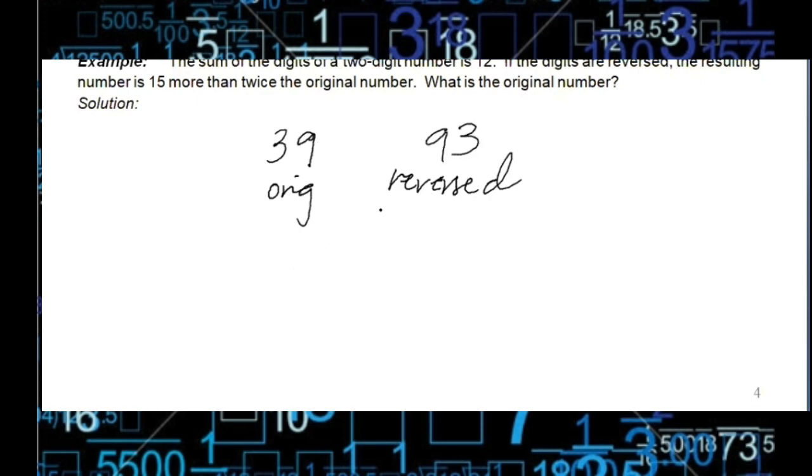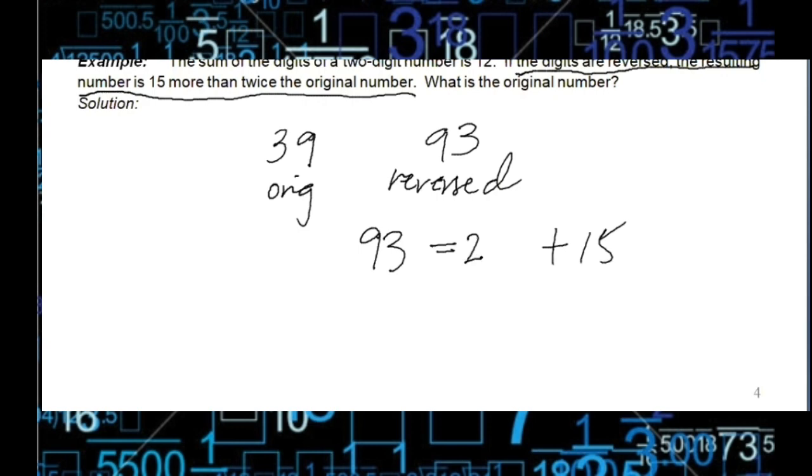So, sa problem, if the digits are reversed, ito yung equation natin, yung second sentence. If the digits are reversed, the resulting number, pag sinabing the resulting number equals yon, is 15 more than twice the original. Ano ba yung original? Example, 39.